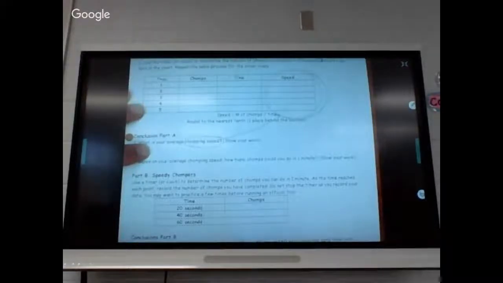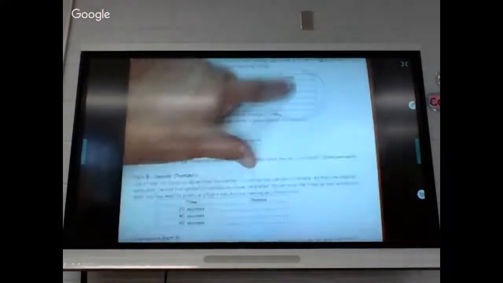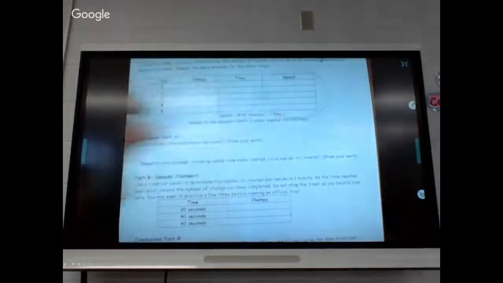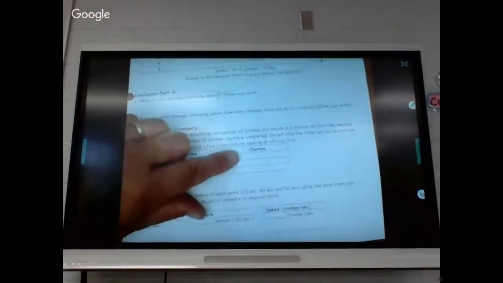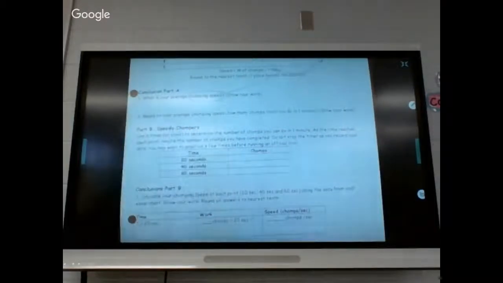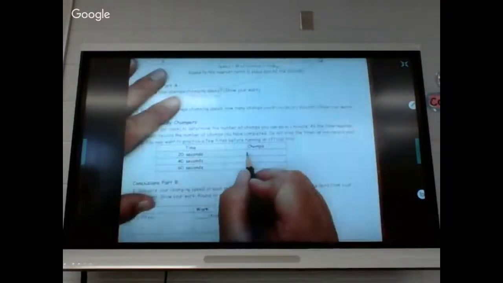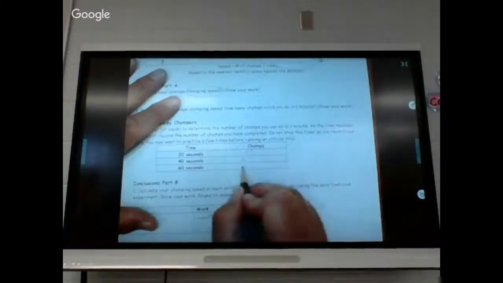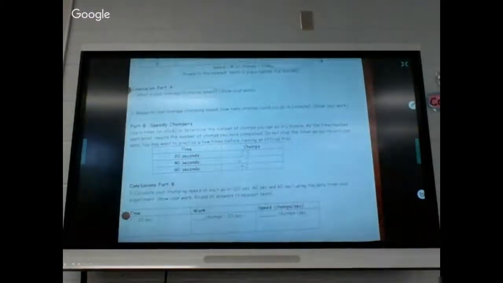Now, when you average, you add all 5 together and then you divide by what? Now, when you get down here, we're just going to make up some numbers. Let's say that I chomped 38, 67, and 145.